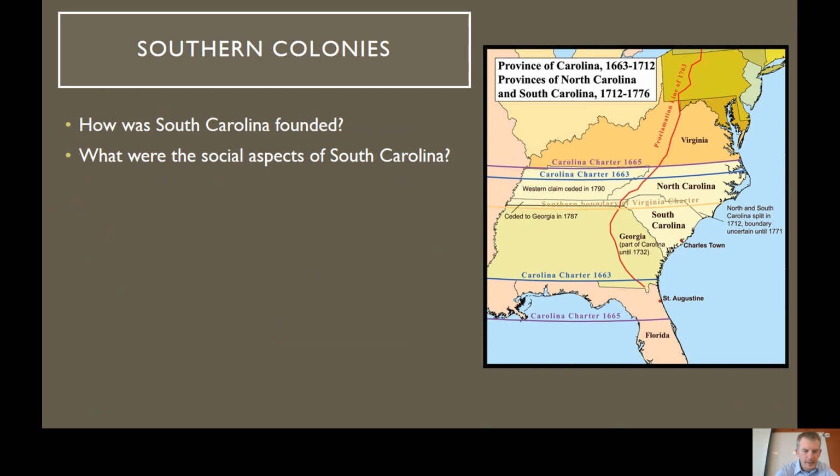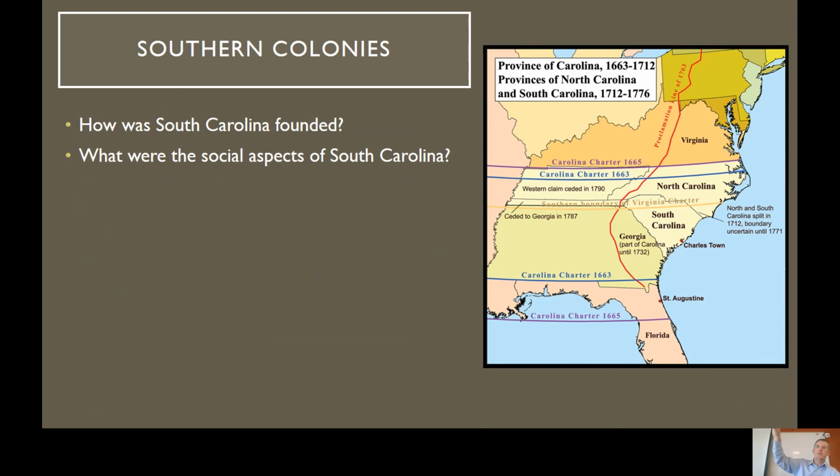So social aspects of South Carolina: the economy is based on exporting timber, tobacco, and tar. There's going to be slave labor. And one interesting thing is that it's mainly Anglican.